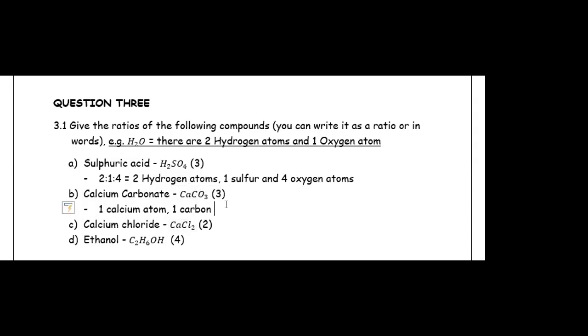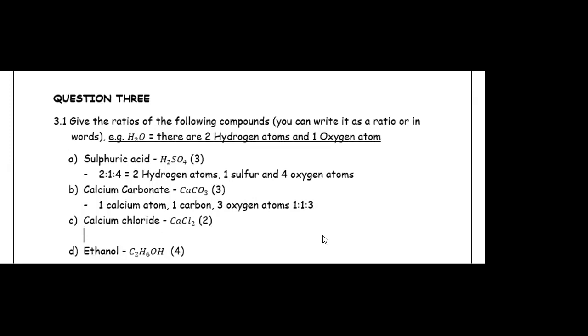So there are 3 elements in this compound: calcium, carbon, and oxygen. So there's 1 carbon and there are 3 oxygen atoms. Well done, Marcus. If you have to put it in a ratio, it's going to be 1:1:3. Okay, next one. We have a compound called calcium chloride.